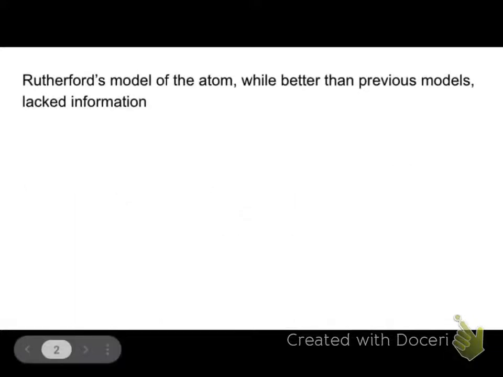Let's launch right in. So, we have a model of the atom, Rutherford's model, okay? But it was incomplete. It did not give us a full understanding. We knew now that it wasn't like the plum pudding model, but we didn't really know what was happening with the electrons.